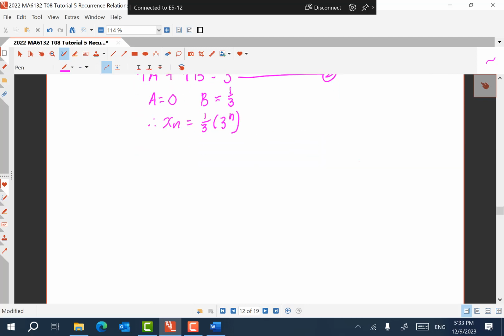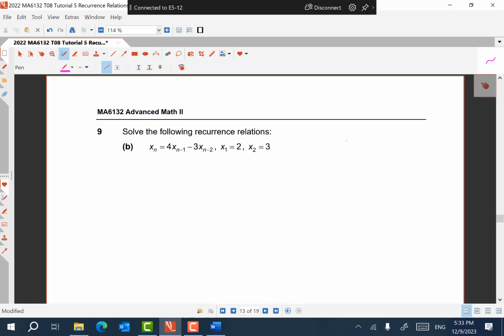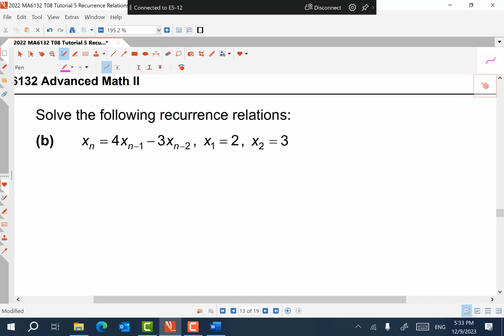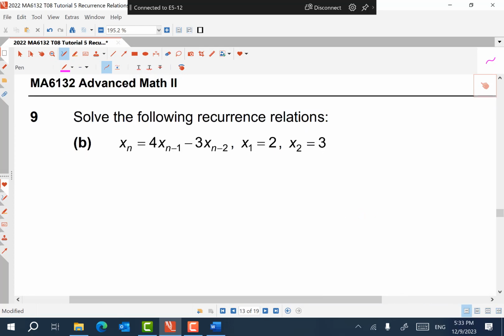Okay, 9B. Let's do 9B again. So if you have memorized page 13, then 9A, B, C, D is a no-brainer, no?